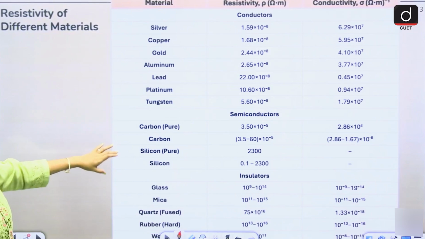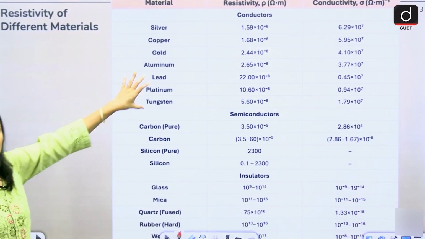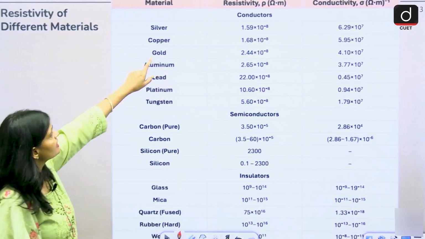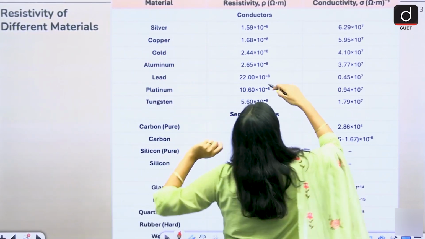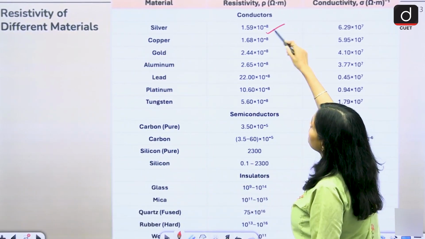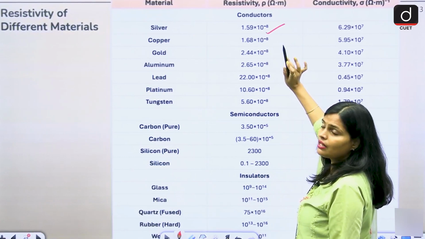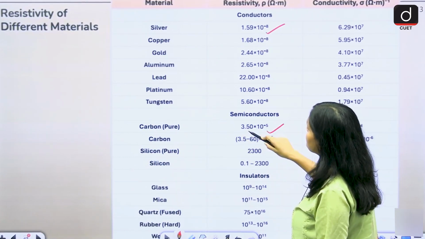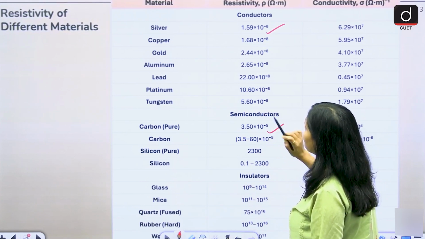These are the list of the resistivity of materials for conductor, semiconductor, insulator. So what you have seen, conductor silver, the resistivity is 1.59 into 10 to the power minus 8. Here carbon resistivity 3.5 into 10 to the power minus 5.